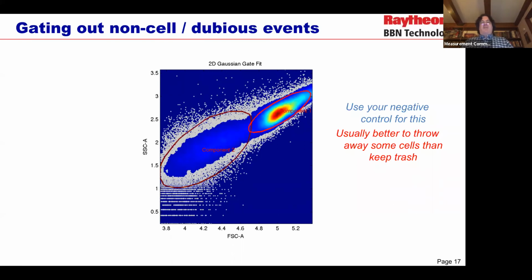Instead, I find that it's good to use a Gaussian mixture model, and there's standard methods for that in TASBE. So what this is doing, it's looking for basically two log normal distributions, one to find the cells and one to find the non-cell stuff.